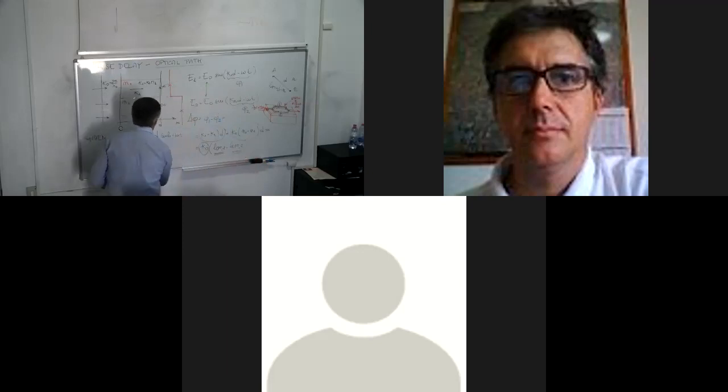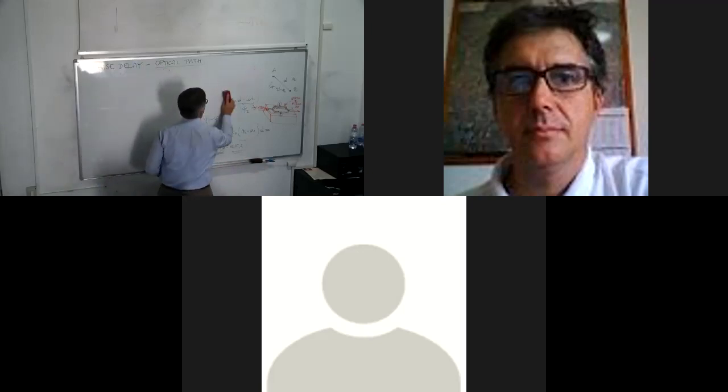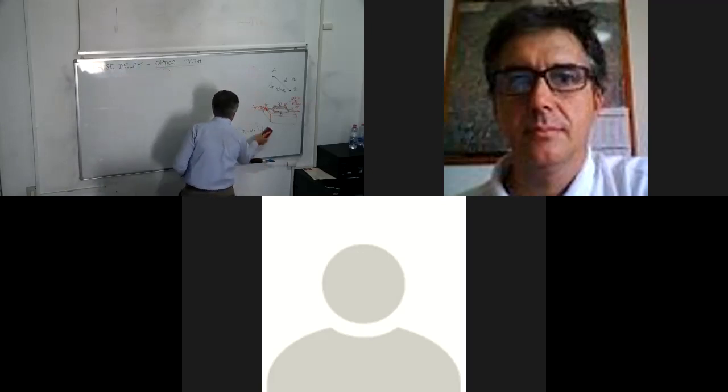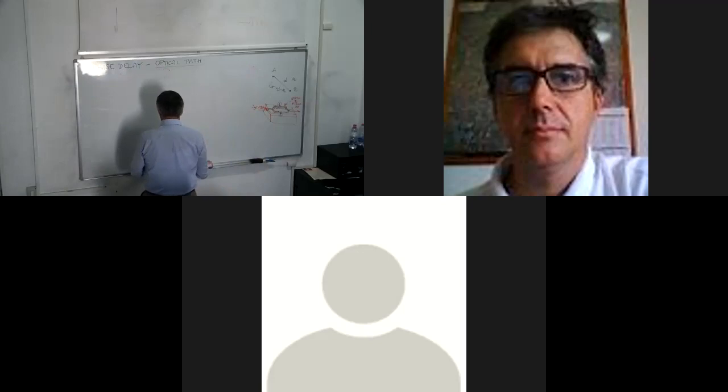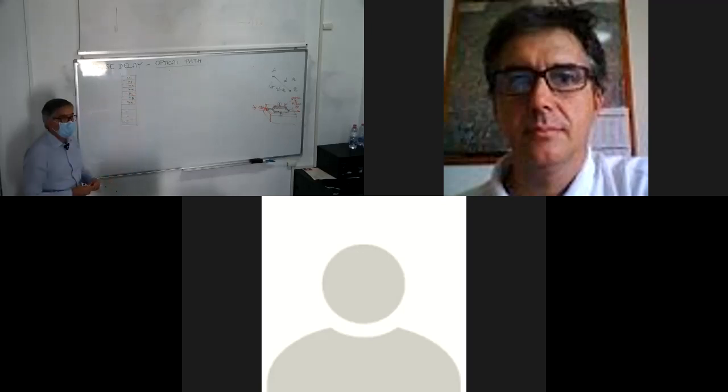Now, what happens if you have a slab of material with refractive indices N1, N2, N3, N4, N1, N5, N3, and so on, a slab of material with many different values of the refractive index?